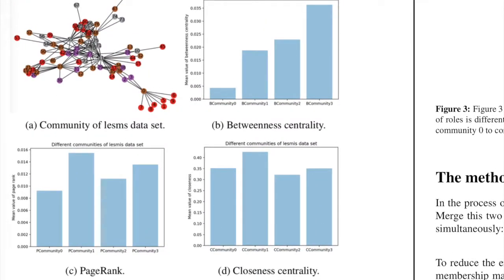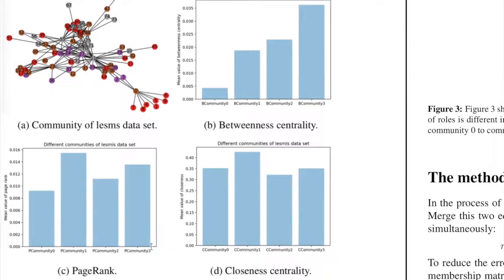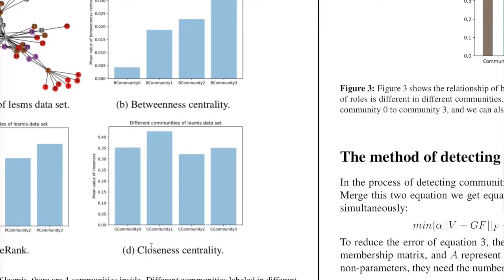So we can say maybe the gray node is community 1. For closeness centrality, we can see in the figure that communities 0, 2, 3 are almost similar, so they are very near. Only community 1 is a little bit far.